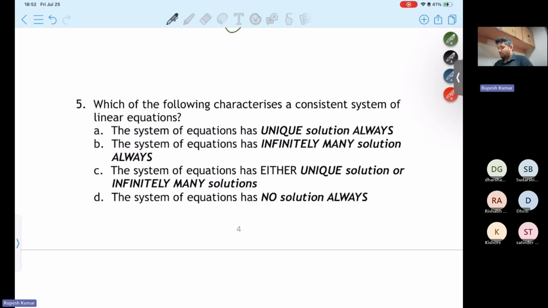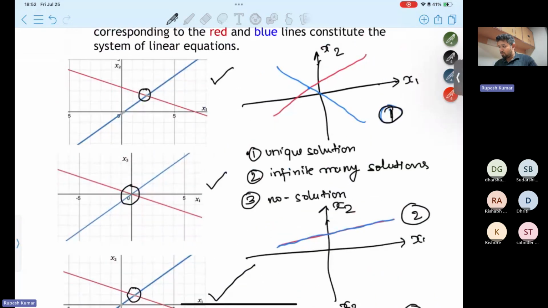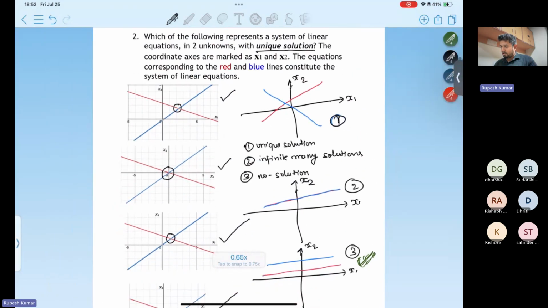Fine. So whenever we talk about the solution of a system or the consistency of linear equations, we essentially categorize these equations into three categories, right? That we already saw earlier in question number 2. The first category was equations with one single unique solution, where you get one single point that satisfies all the linear equations.